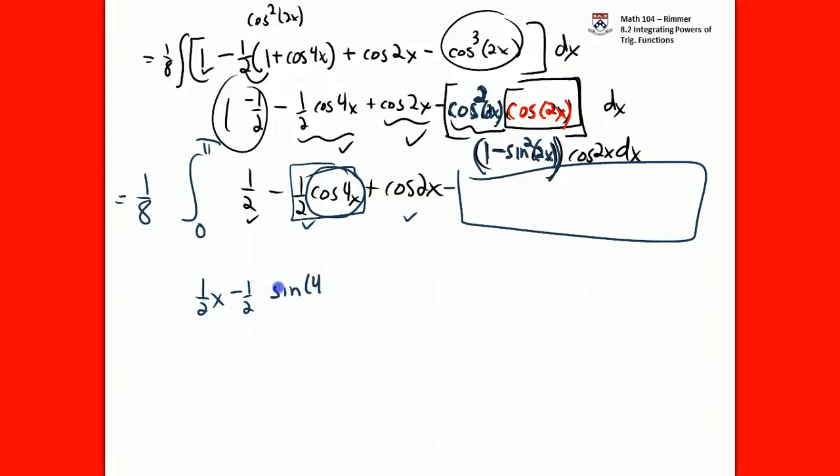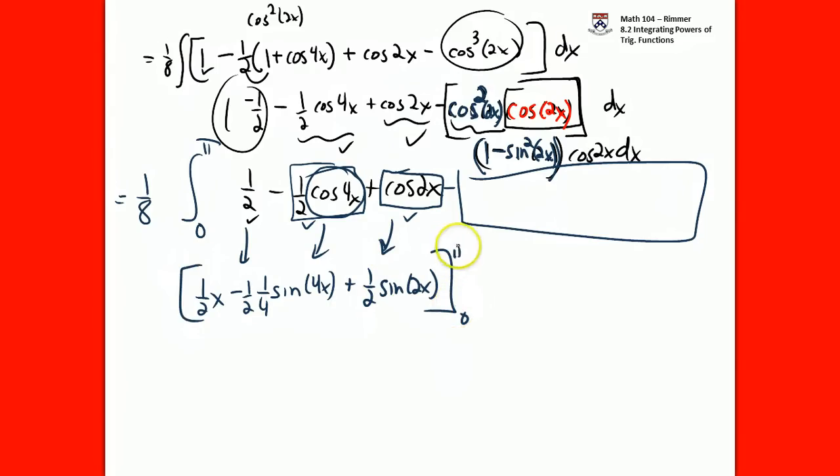Sine 4x. But you need a fourth. So an eighth of sine of 4x is what that ends up being. What function has cosine 2x as its derivative? 1/2 the sine of twice x. When we found the antiderivative of these guys, we can lose the integration. We could say from 0 to pi. And there's the 1/8 out there. This other part we have to deal with still with the u sub.